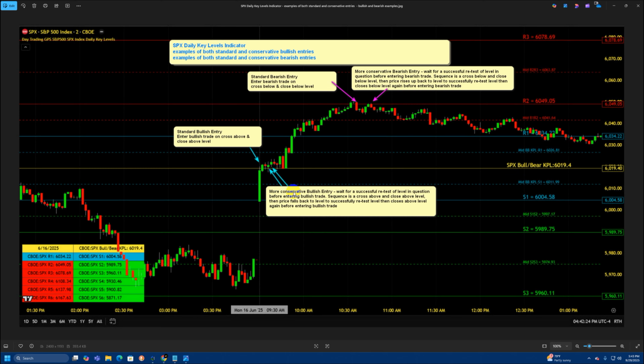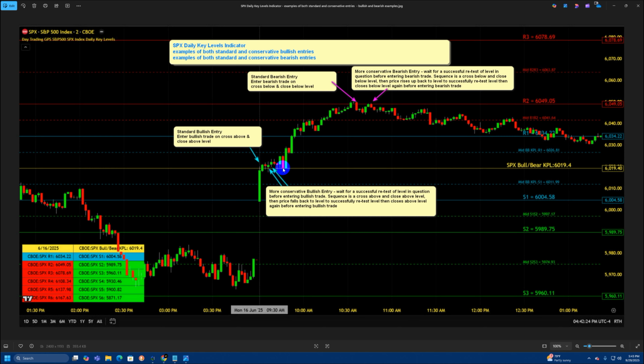Or if taking the more conservative bullish entry approach, you're waiting for price to fall back to the level in question, but still close above it, and that is your successful retest. So you could have entered on this candle, or if you did not, you could have entered on this candle here, and it did retest the level.